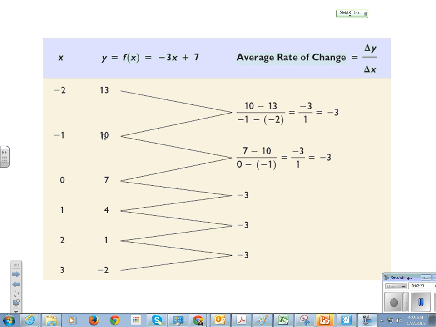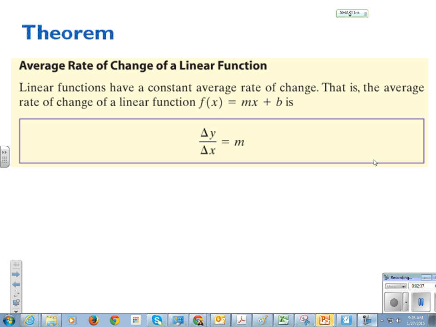From this coordinate to this coordinate, we do the same thing. We get 7 minus 10, the change in y, over 0 minus -1, the change in x, and we see that it is also -3. So linear functions have a constant average rate of change.